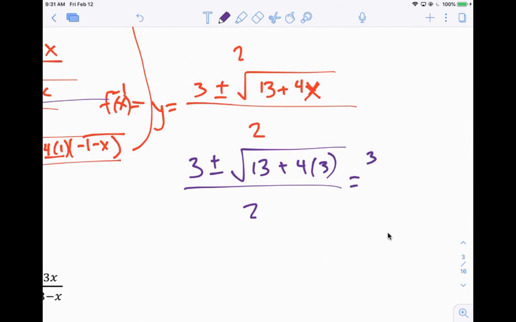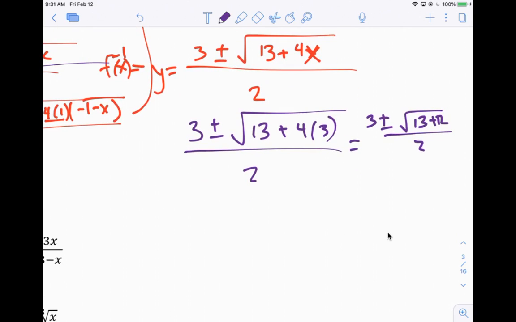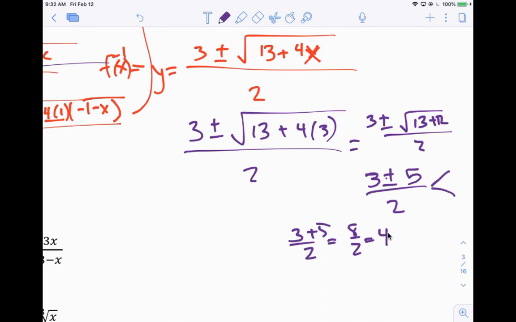Let's see, 3 plus or minus the square root of 13 plus 12, over 2. Well, 13 plus 12 is 25. Therefore, we get 5. Here's where we split off and get two answers. 3 plus 5 over 2, which is 8 over 2, which is 4. Lovely. 3 minus 5 over 2, which is -2 over 2, which is -1.